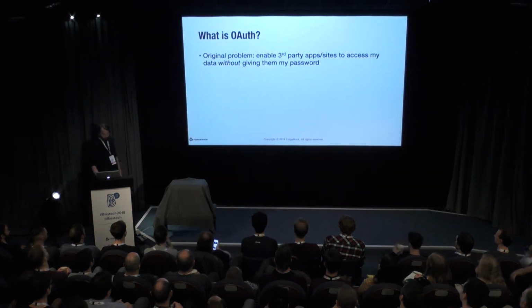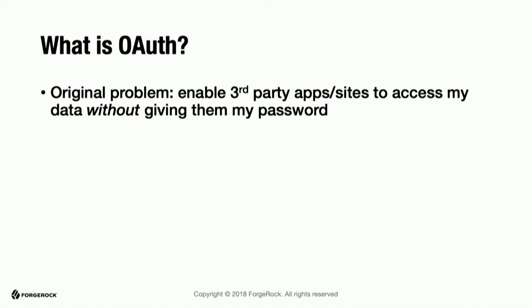So what is OAuth? Its original problem was, how do I let third-party apps and sites access some of my data on Facebook, Google, whatever, or my email account, without just giving them my username and password? A common pattern before then was that you literally typed in your username and password for Facebook into some other app, and it would do stuff on your behalf, which is a terrible idea, because then it can do whatever you can do.